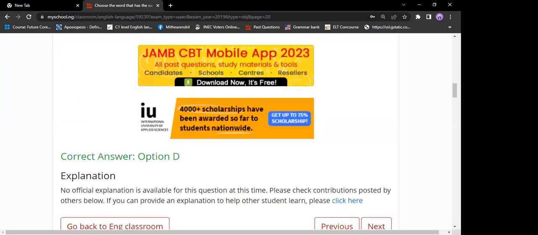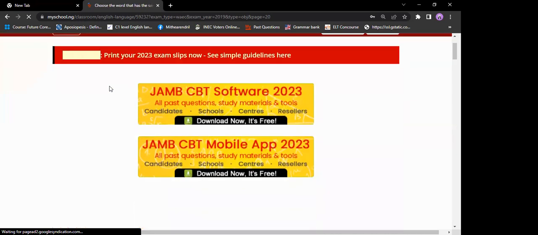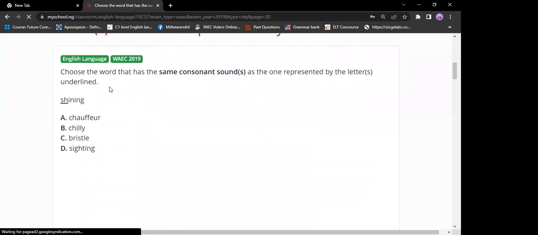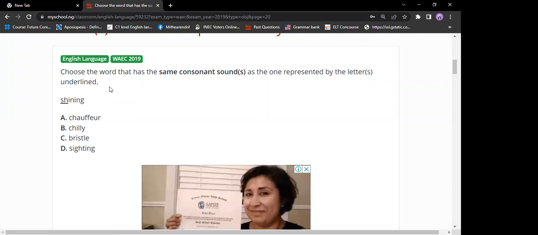So moving on from there, the word we have here is shining. The first word we have is chauffeur. The second one is chilling. The third one is bristle, and the last one is sighting.